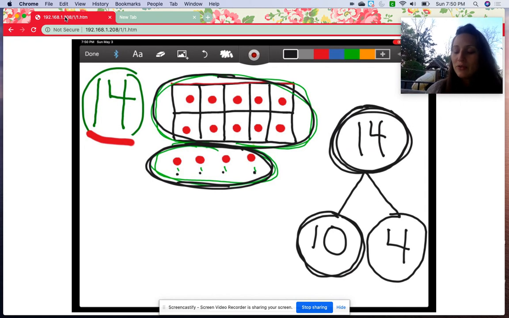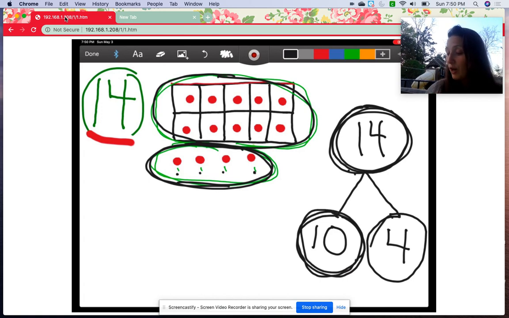The last few days, boys and girls, I have not asked you to make a number sentence. But today, I think you're ready to make a number sentence again. So we're going to make a number sentence for the number 14. To make a number sentence, we're going to use our 2 parts.